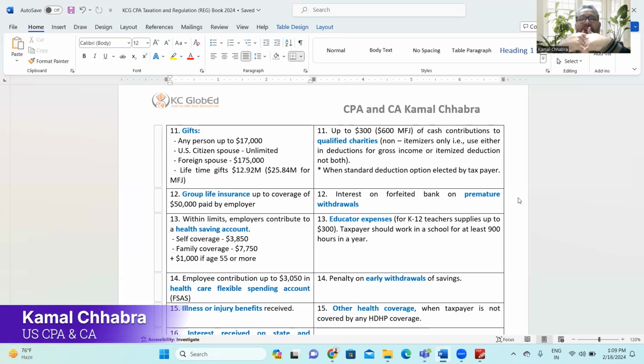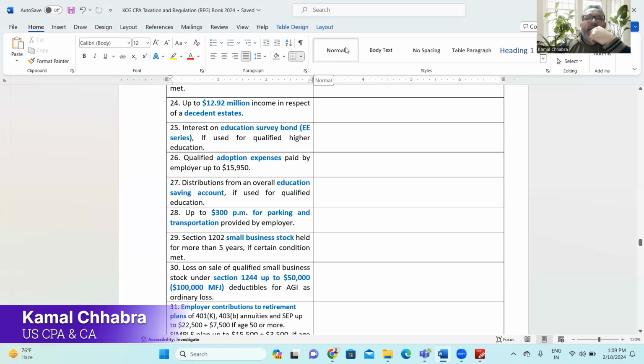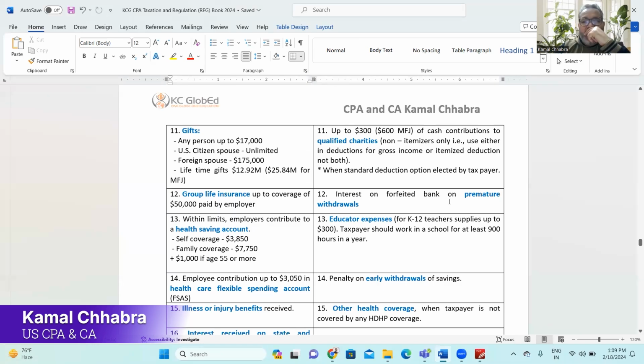When you are choosing standard deduction, which is more beneficial to the taxpayer, then as a tax consultant, we should recommend to our client to go for this charitable contribution deduction, right?